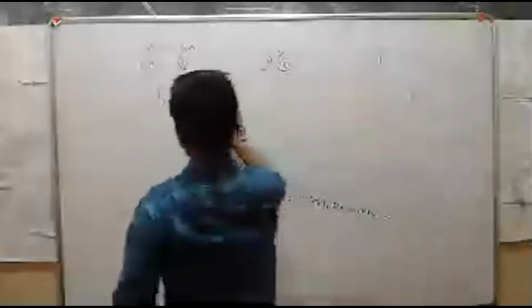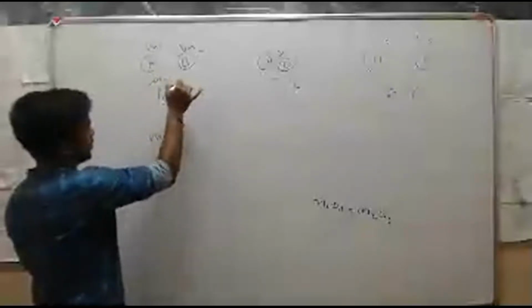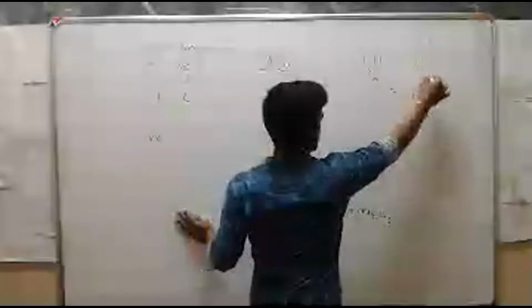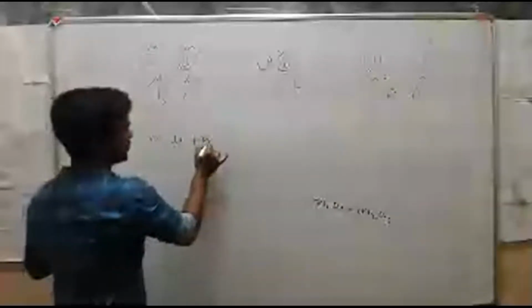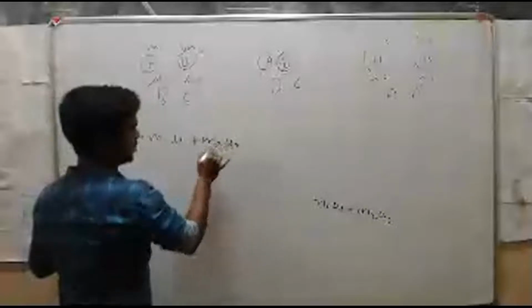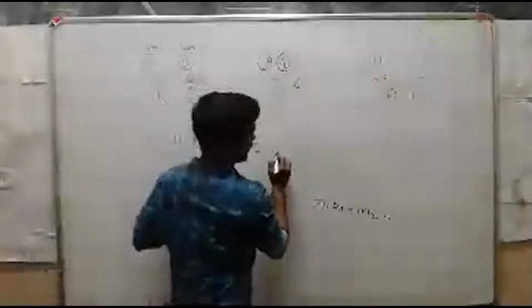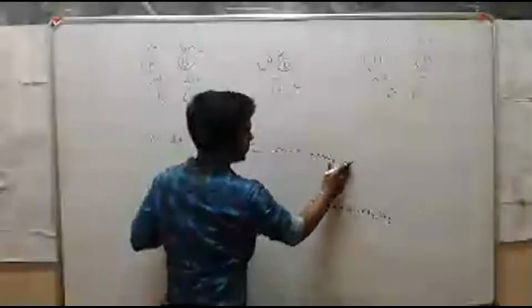What is the total initial momentum? That is M1 U1 plus M2 U2. Clear? Which is equal to the final momentum, that is M1 V1 plus M2 V2.